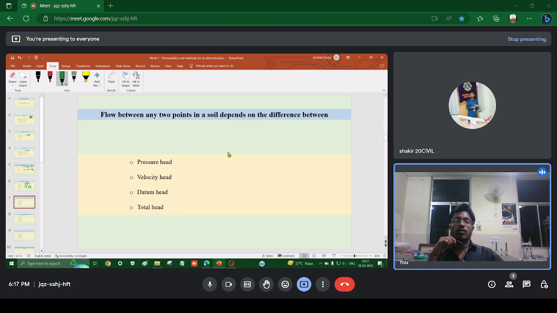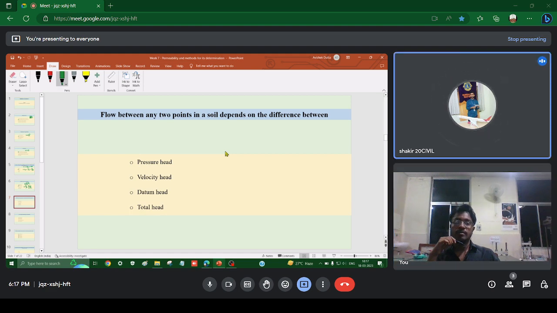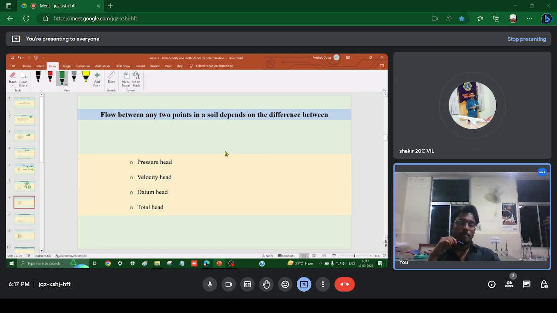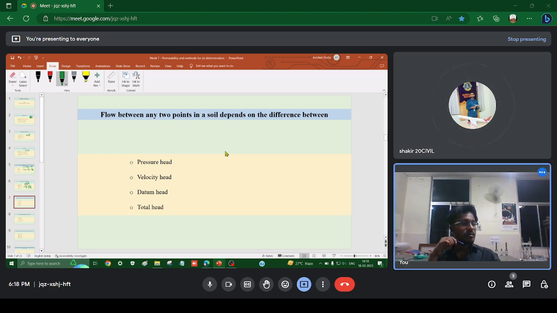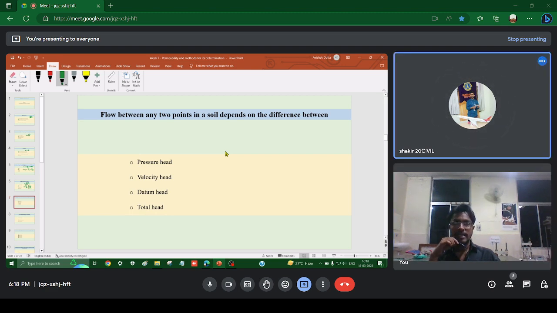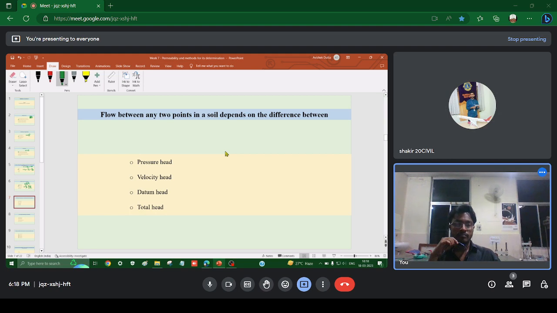Flow between any two points in a soil depends on the difference between what? What is the answer? Datum head? Think again.